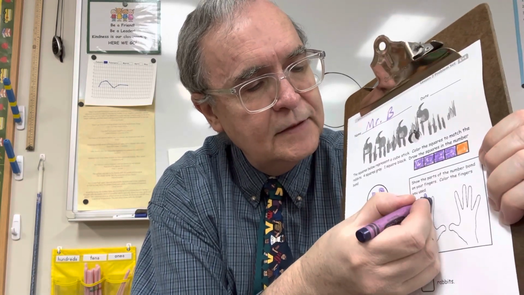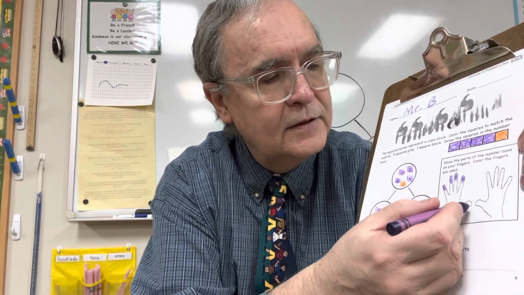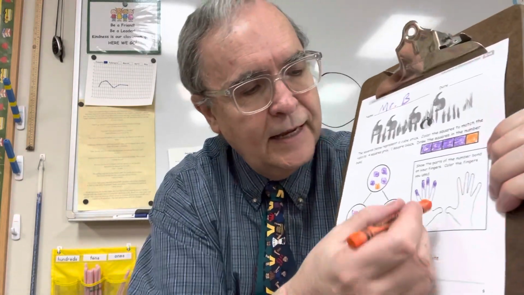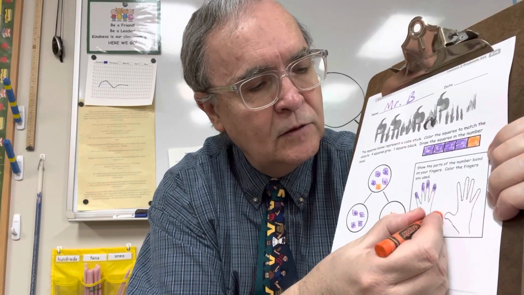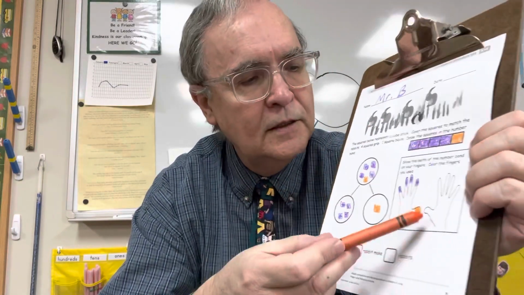That stands for the rabbits that are sitting up. And then how many are laying down? 1. So 1 rabbit is laying down, so I'm going to color in 1 thumb. Do I use this hand? No, because there's only 5 rabbits in all, and so we only need 5.